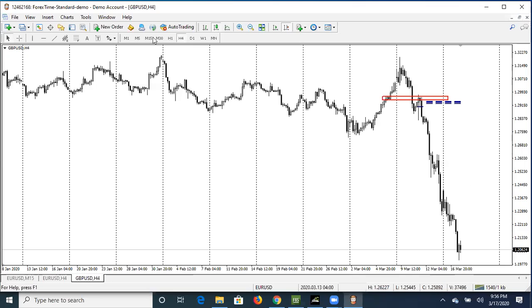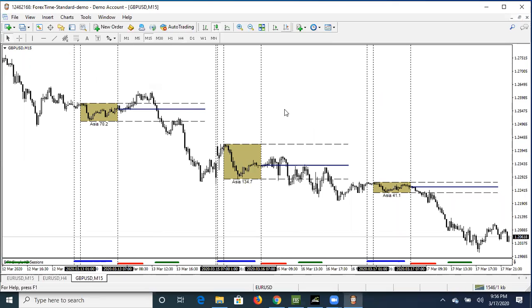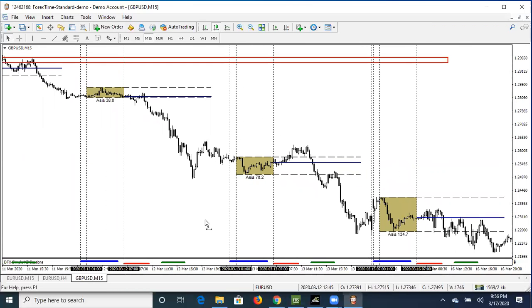So on the 15 minutes, we would have been looking for sells only on GU basically, right? Notice that price actually began the downward move or sustained the downward move somewhat during the New York session, which is delineated by this green box here.